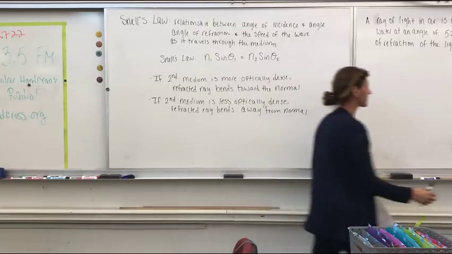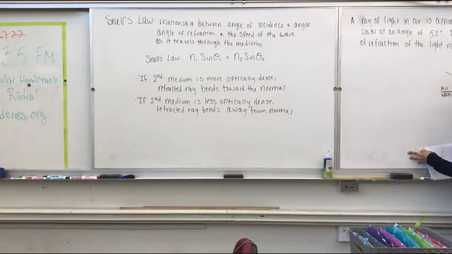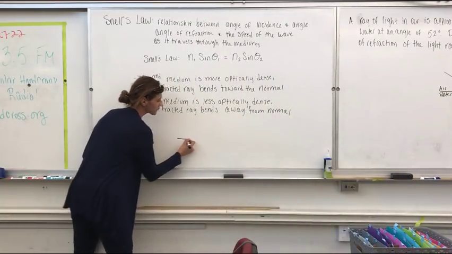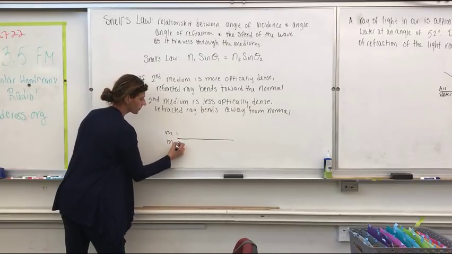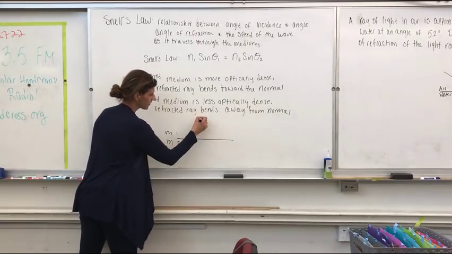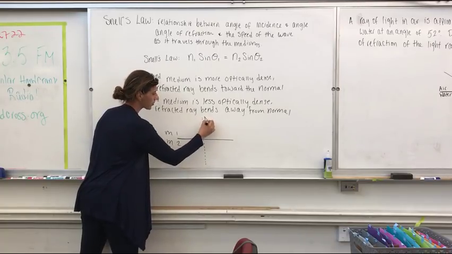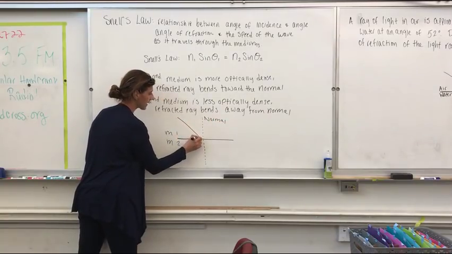Okay, so going back to this picture, I'll draw it down here for you. There's the boundary between the two mediums, medium 1 and medium 2. Here's the normal. That's that vertical line. Here's the incident ray.